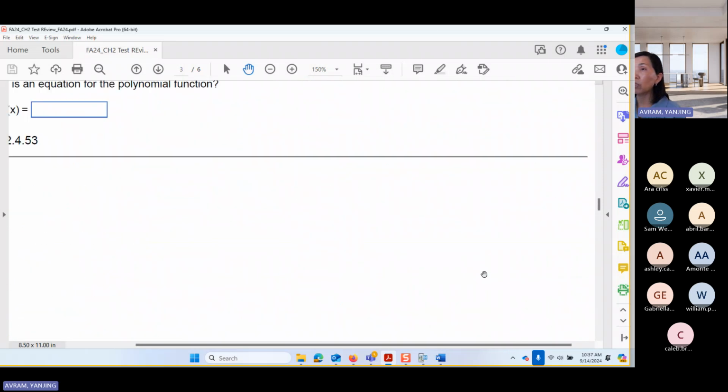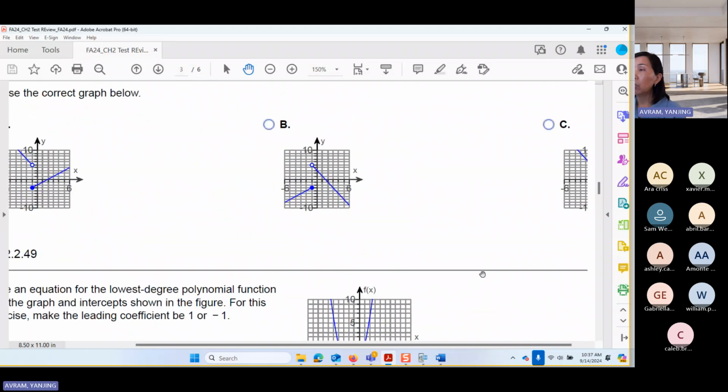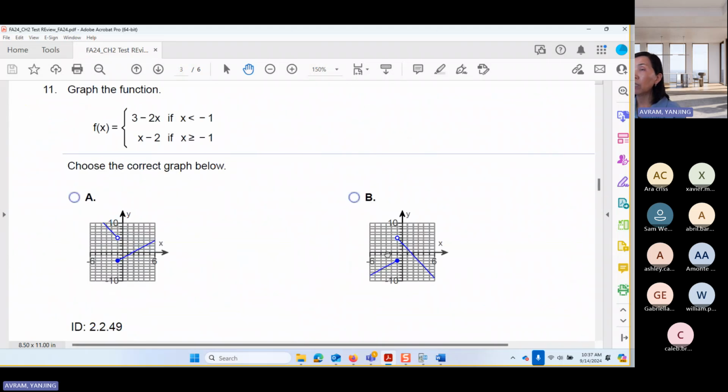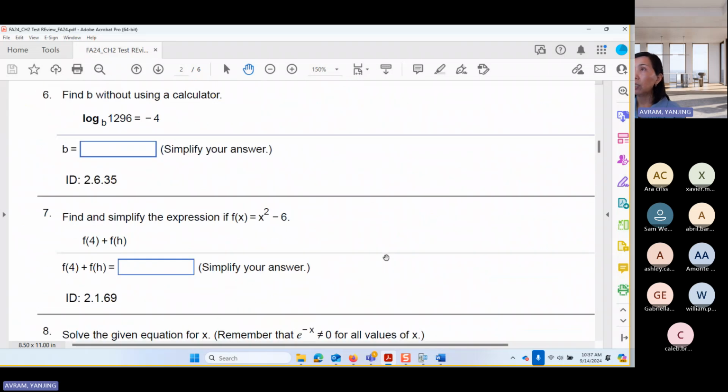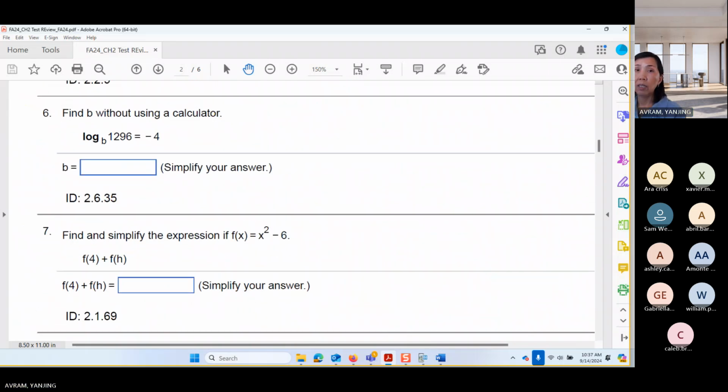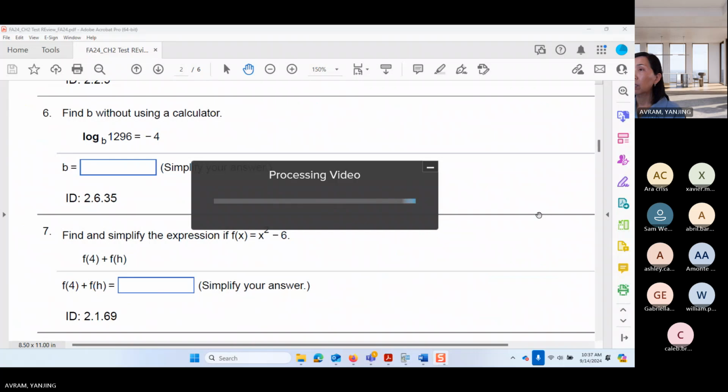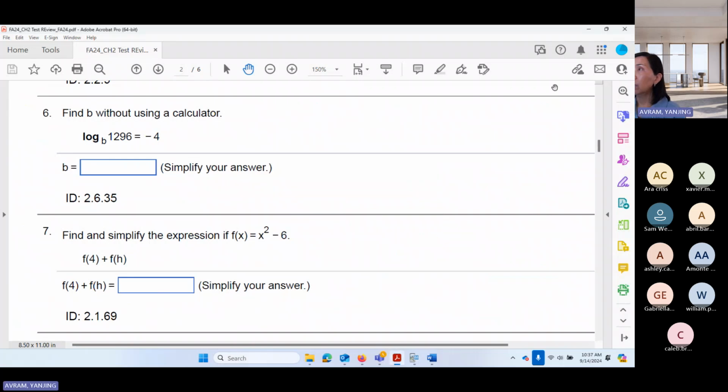In math you always change the numbers, but the question types are pretty much what we cover in this review. Any questions? Does anyone have any questions?